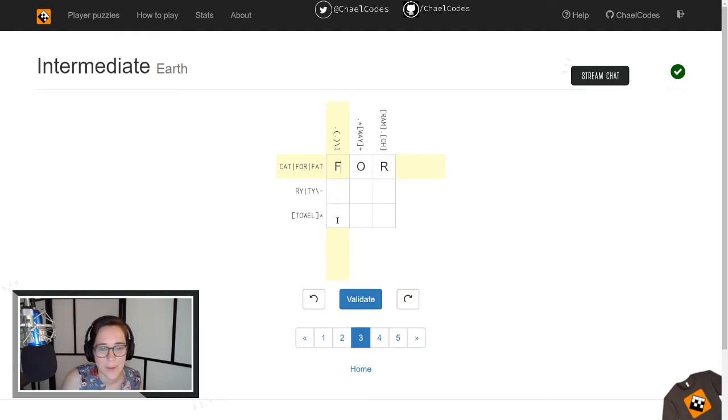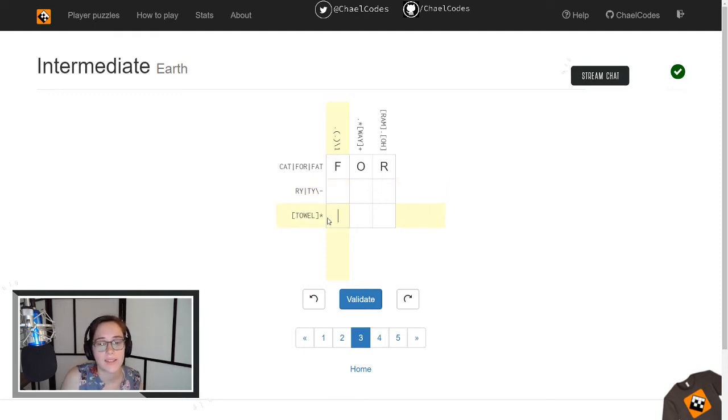Let's see. I think I've got something else here that may help me. So I'm looking at towel, and when I look at this one, this forms a capture group, and this is a repetition of this capture group, which means that this one right here has to be repeated here.